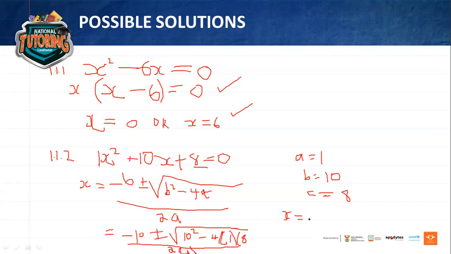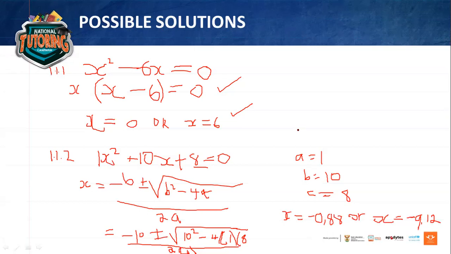Then you'd find that your x is negative 0.88, or x is going to be equal to negative 9.12. That is the value of your x.